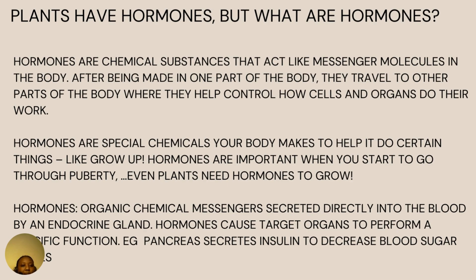When you looked at the different parts of a plant in grade 7, you learned that a plant has a flower, a stem, roots, and leaves. Plant hormones get produced at a specific region.